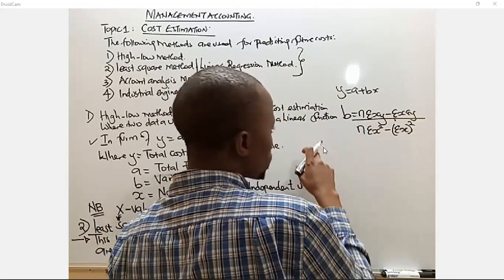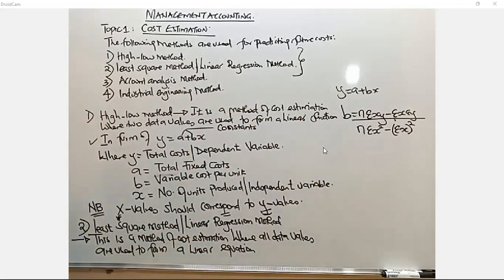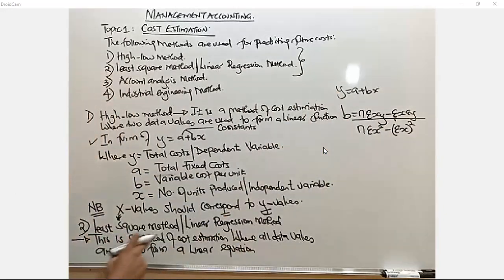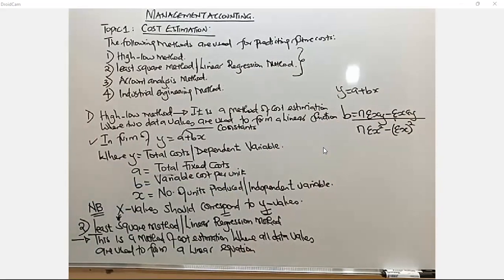So when calculating the least square method, the first thing you are supposed to compute is your b.